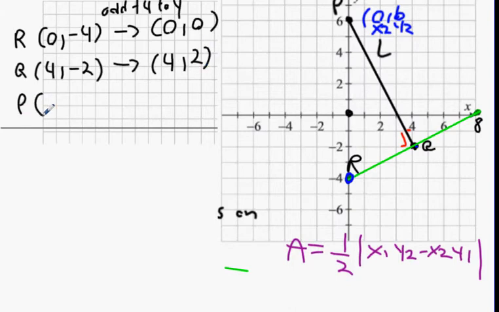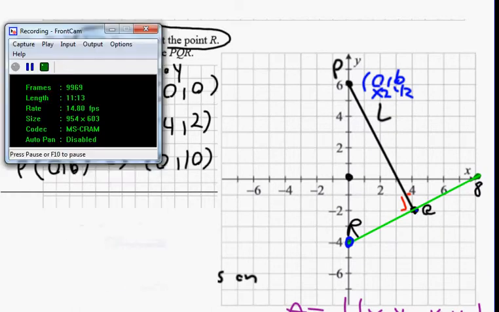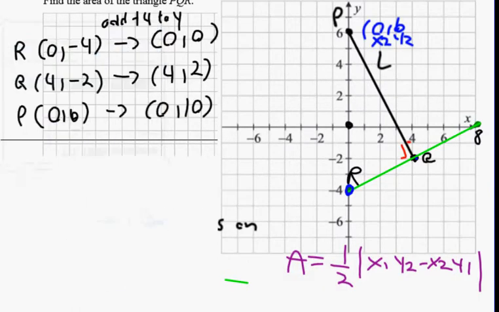P is 0, 6. 0, 10. So I have my new points, and I'm going to call them x1, y1 for this one here, x2, y2, and then I'm going to use that formula there.